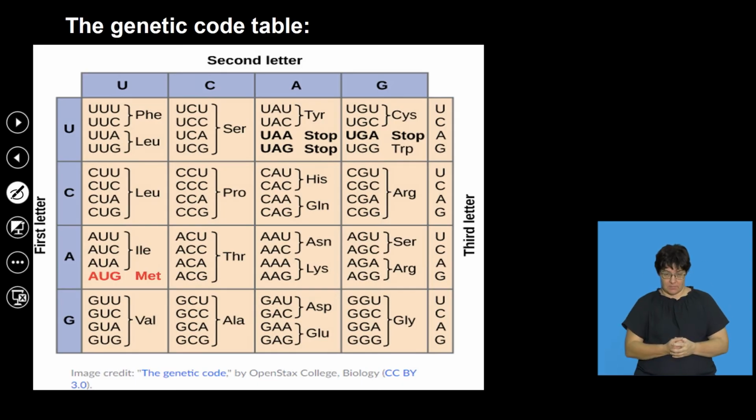Let's look at this. So here is the arrangement of all possible letters. If you look at this, we have 64 possibilities of arranging the bases A, G, C, and U. And if you look at it, we've got various possibilities. So this is a standard universal genetic coding table.